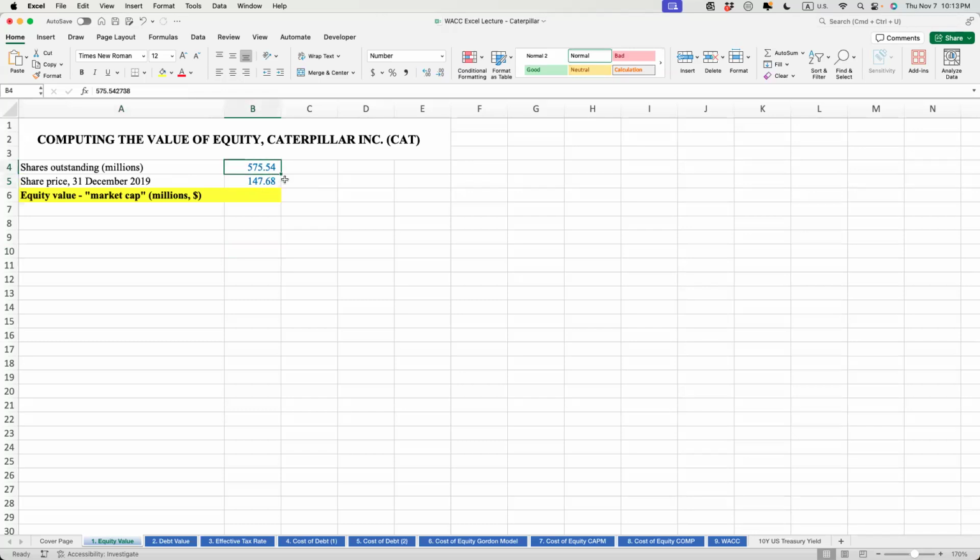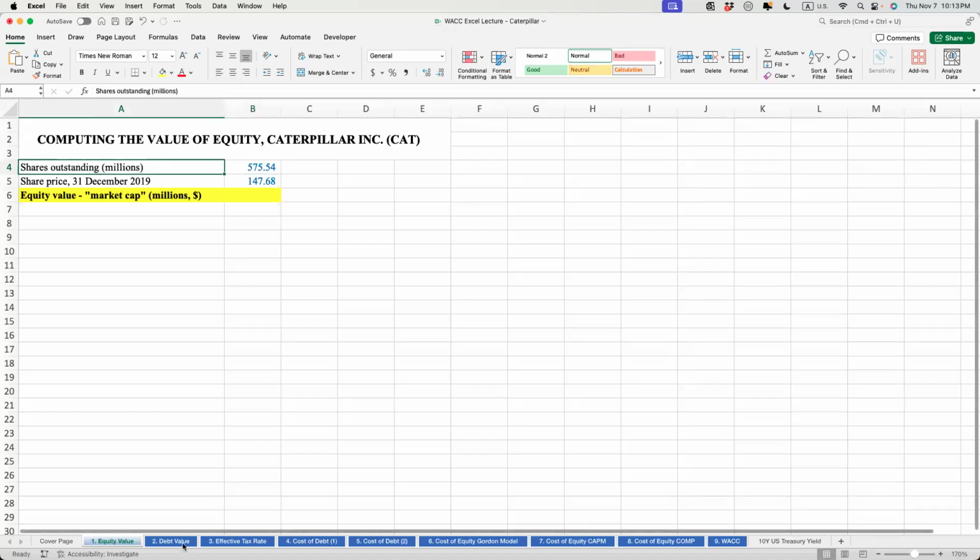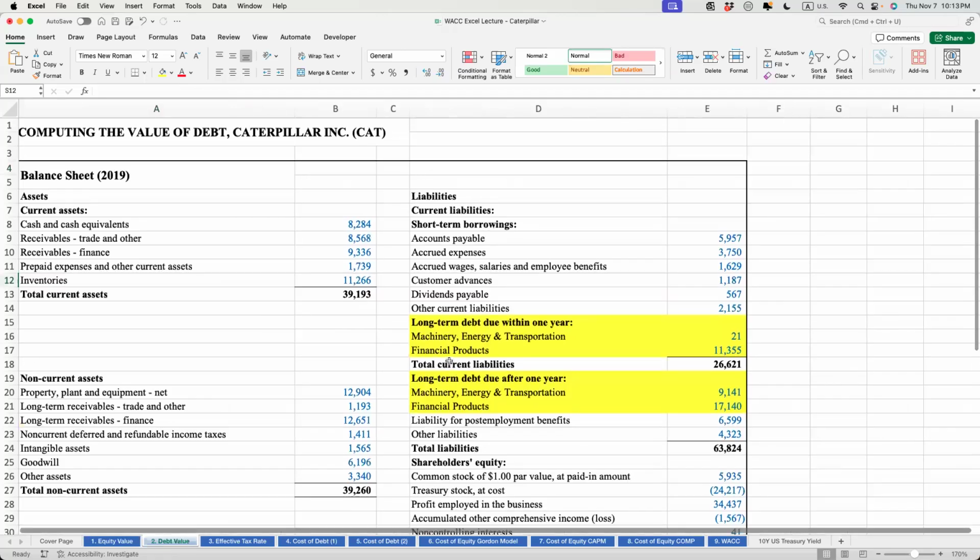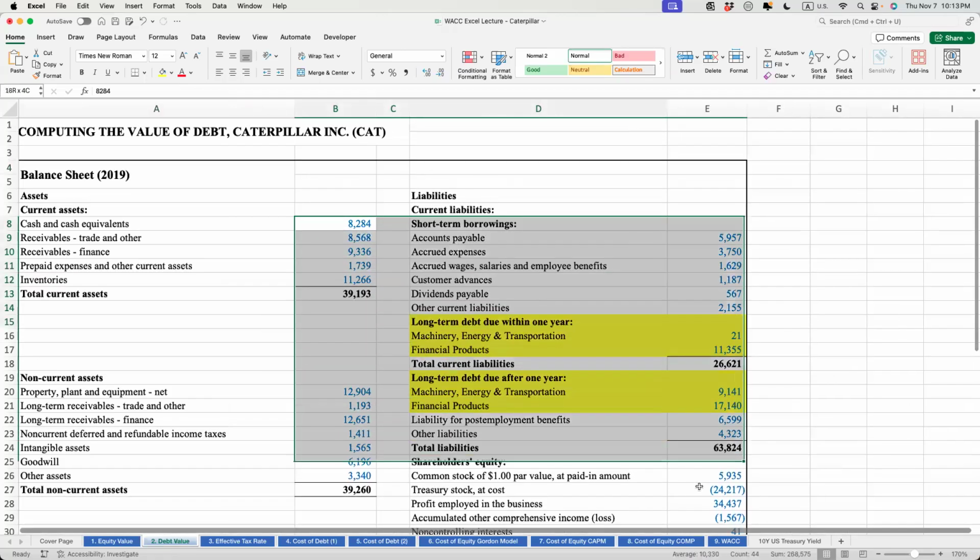And then for the shares outstanding, for your project or assignments, make sure that you use the diluted shares outstanding. Try not to use the basic shares outstanding, okay? And also pay attention to the unit of the figures that you're using. If you go to the debt schedule, you can take a look. Everything on the financial statements is denominated in millions.